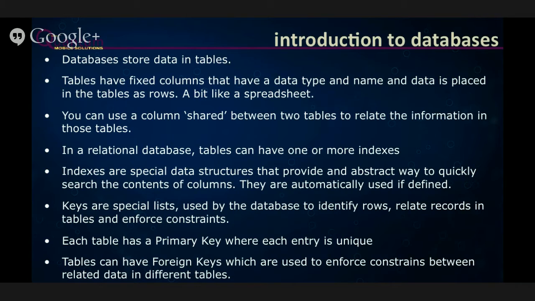Then you have keys. Keys are special lists used by the database to identify rows and relate records in tables and enforce constraints. So you have a primary key. Each table will have a primary key, and the primary key is used to uniquely identify each record in a table. If you don't specify a primary key, the database engine will actually create one in the background for you.